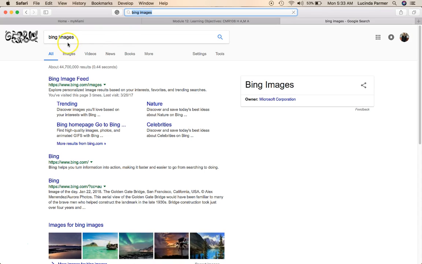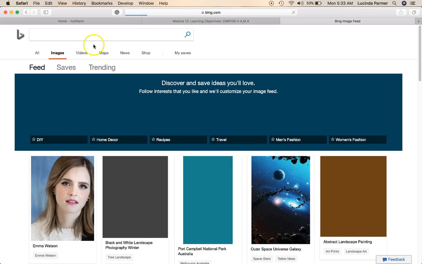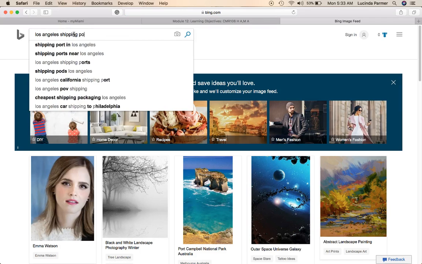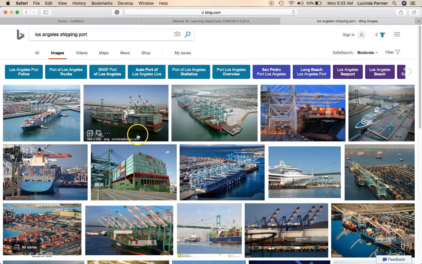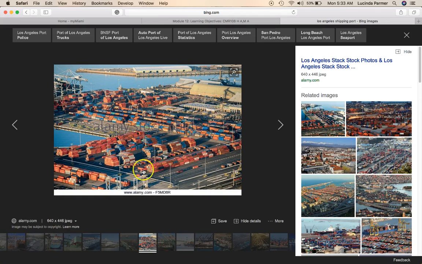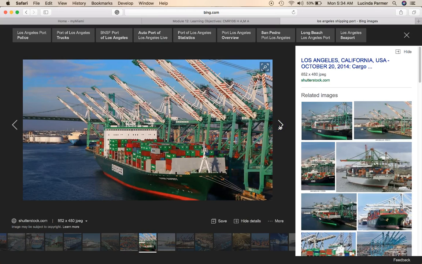Let's see here. Los Angeles shipping port. Let's see here. This is just a major way products are moved, and you see all the different containers and how they're shipped and moved across the world and country.